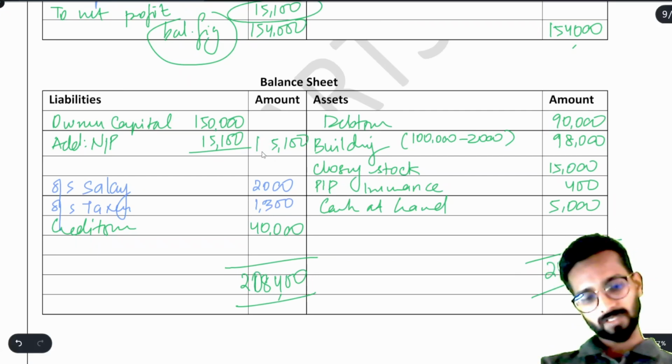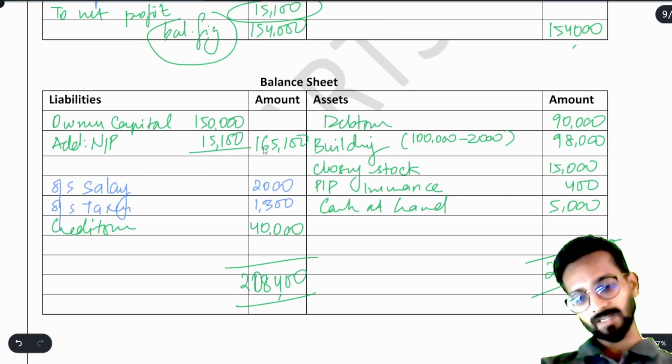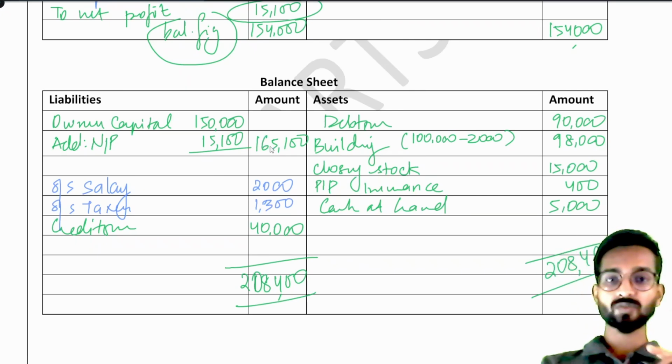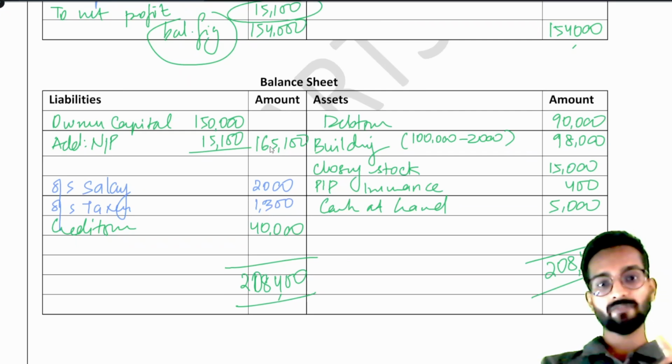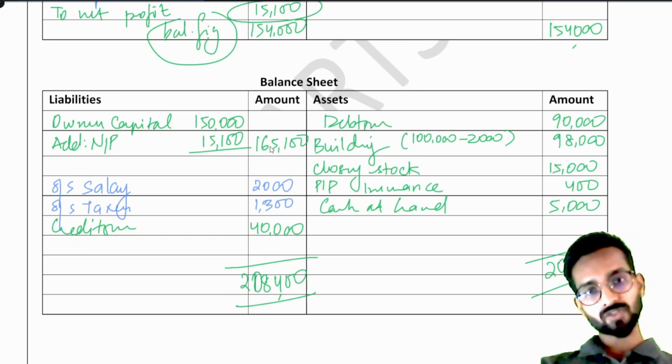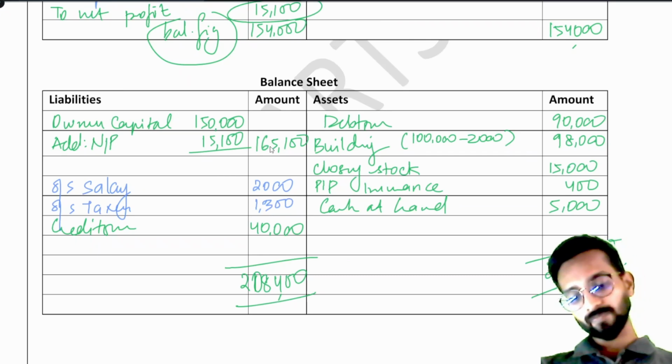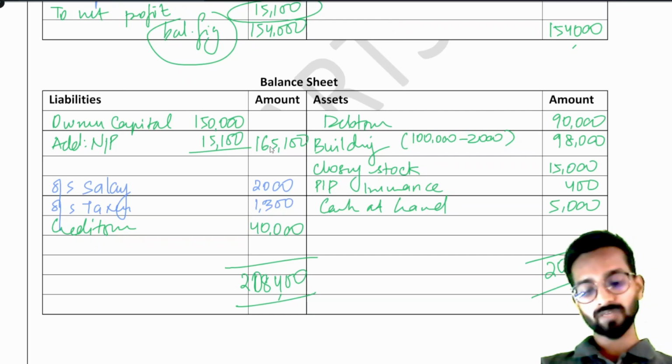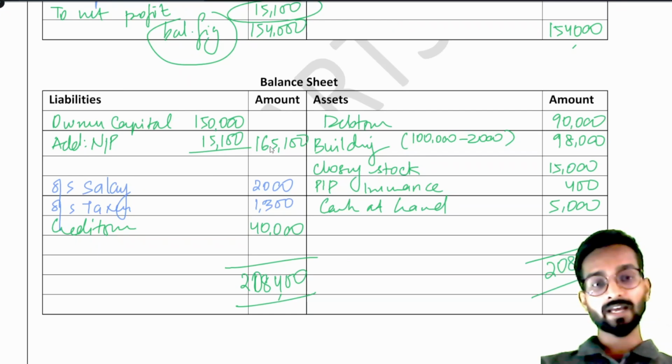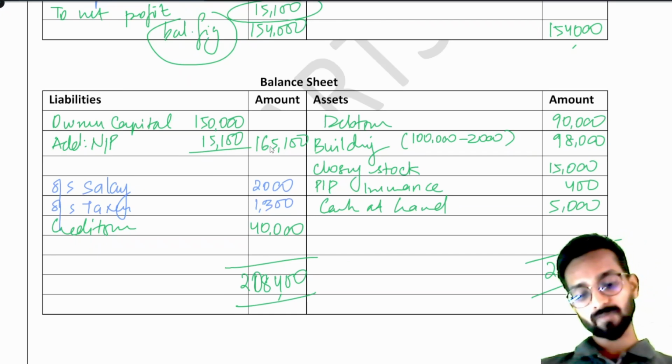Understood? The difference of 10,000 made our entire balance sheet wrong. The problem with final accounts is, if your gross profit is wrong, net profit will be wrong. If your net profit is wrong, again balance sheet will be wrong. See, now it was easy because we knew what the answer was. Just to tell you how the answer can become wrong and how to correct it, this has been done. Please remember this.